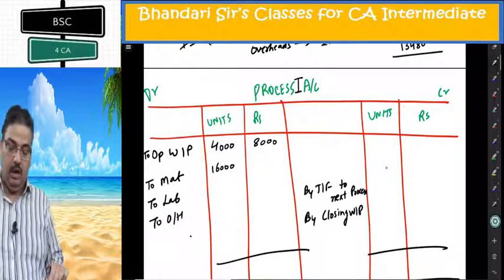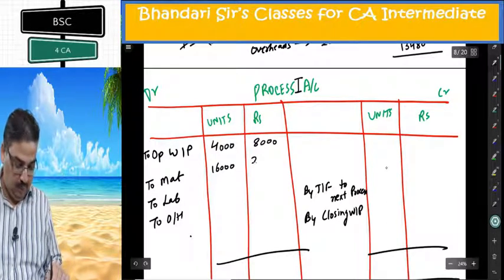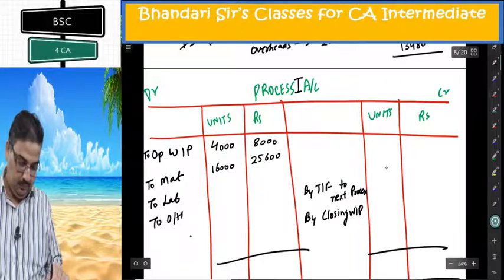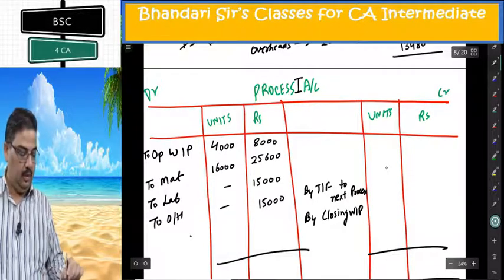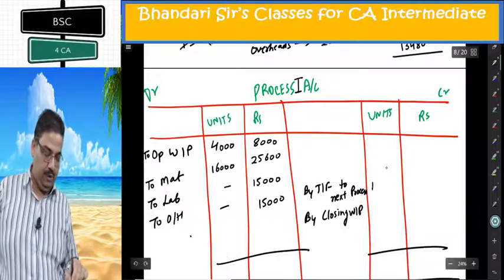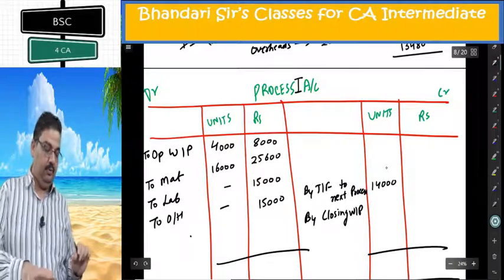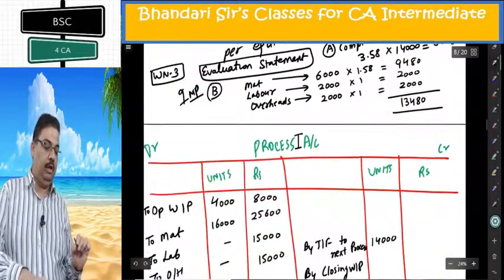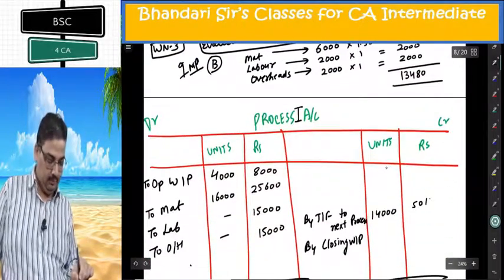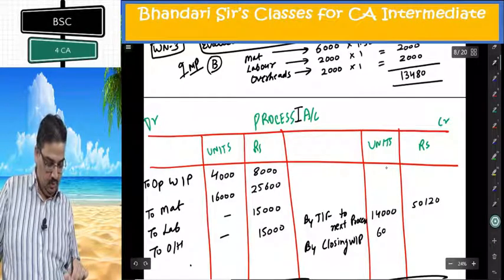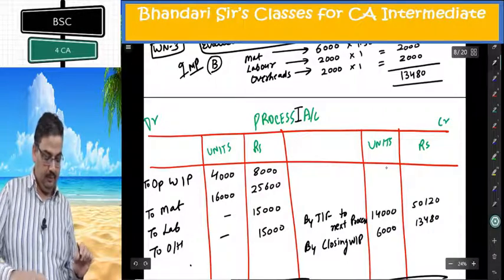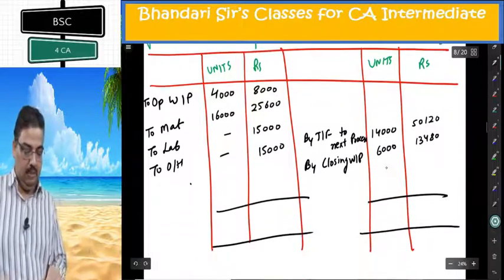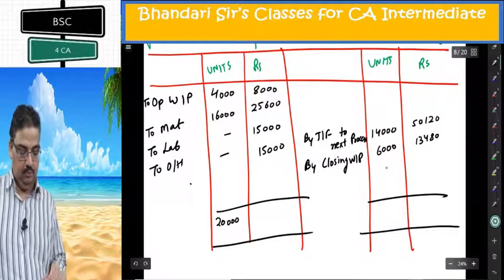Cost of the same, current period cost 25,600, 15,000, 15,000. By transfer to next process 14,000 with cost how much? 50,120. 6,000 closing WIP 13,480.